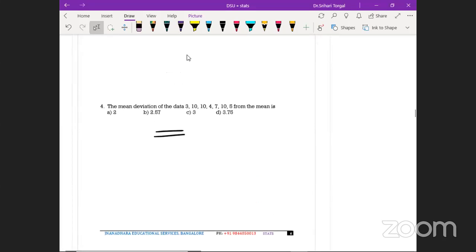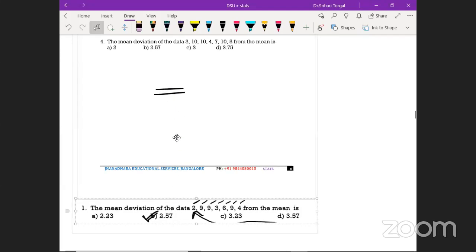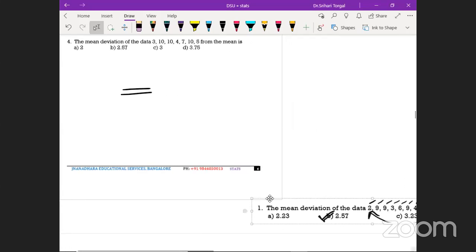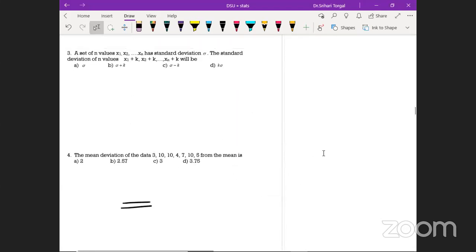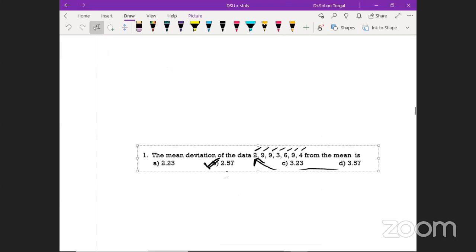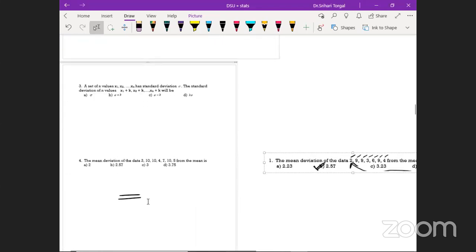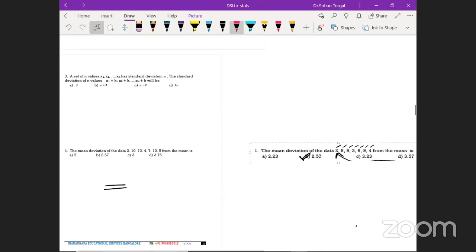See here, problem number 3. Now this is the previous problem. If you compare this equation, problem number 3 and problem number 4, you can see the difference here.